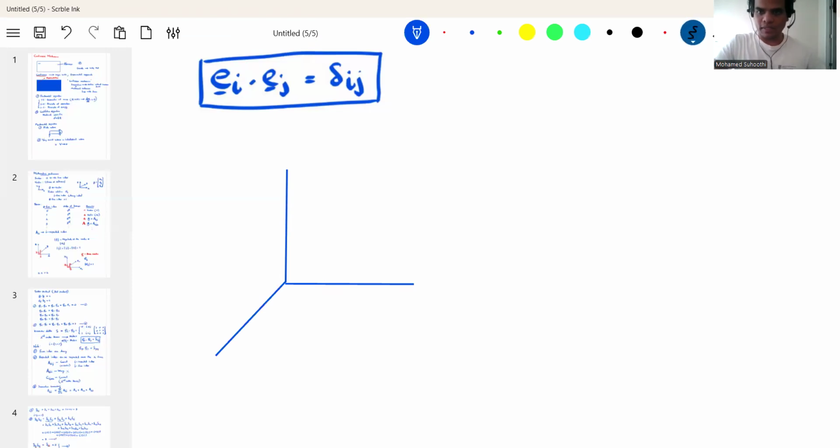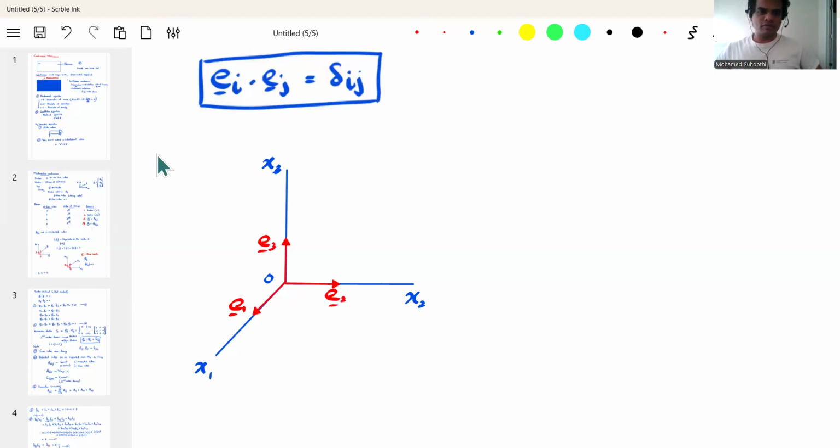So this time, let's say this is our O, x1, x2, x3. It should follow the right hand rule. Okay, yeah, it follows. So also, we discussed the base vector. Each axis has a base vector along it, E1, E2, and E3.